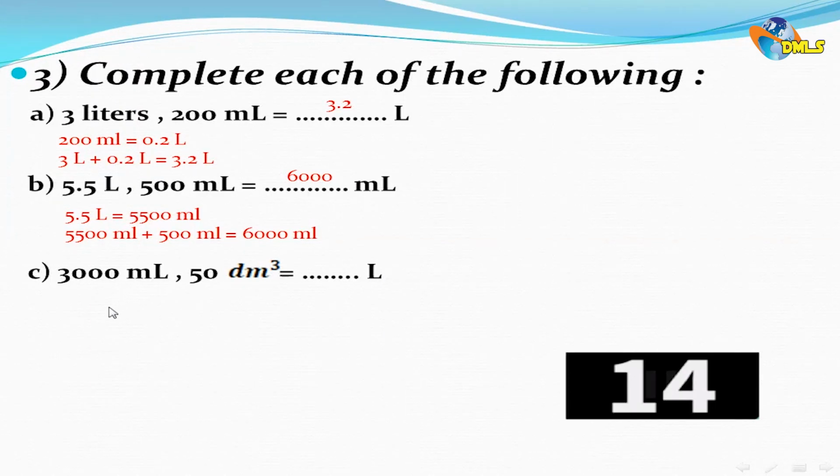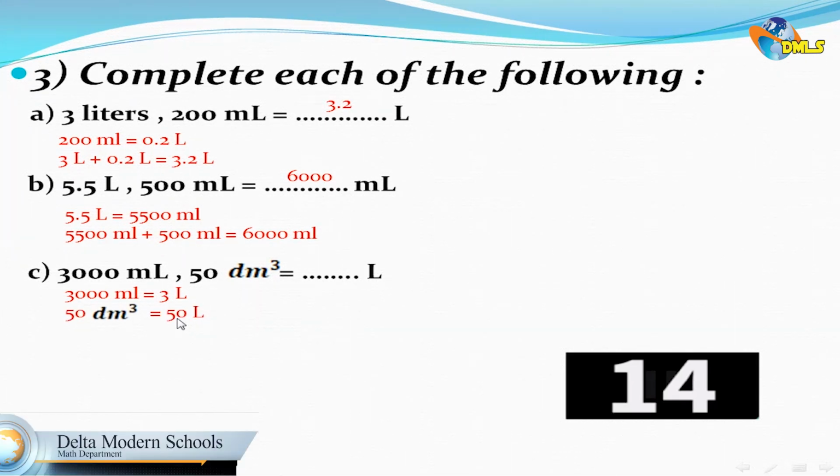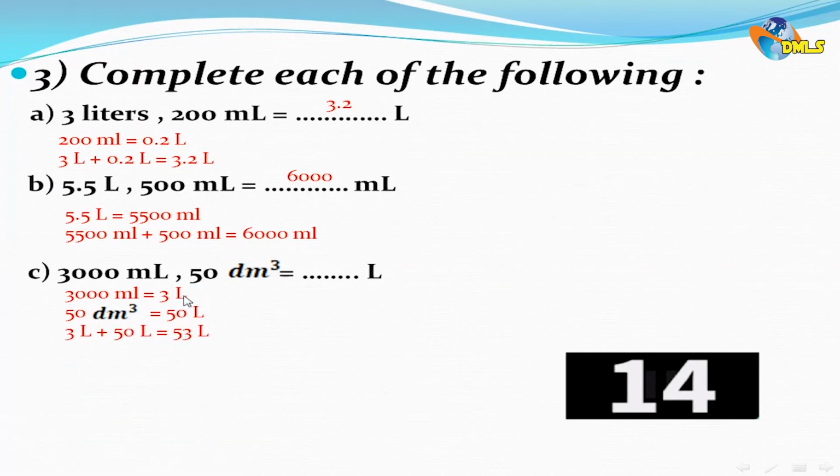We will divide it by 1000. And the answer is 3 liters. So 3000 milliliters equals 3 liters. And 50 cubic decimeters equal 50 liters. And then we will add 3 liters plus 50 liters equal 53 liters. And this is the answer.